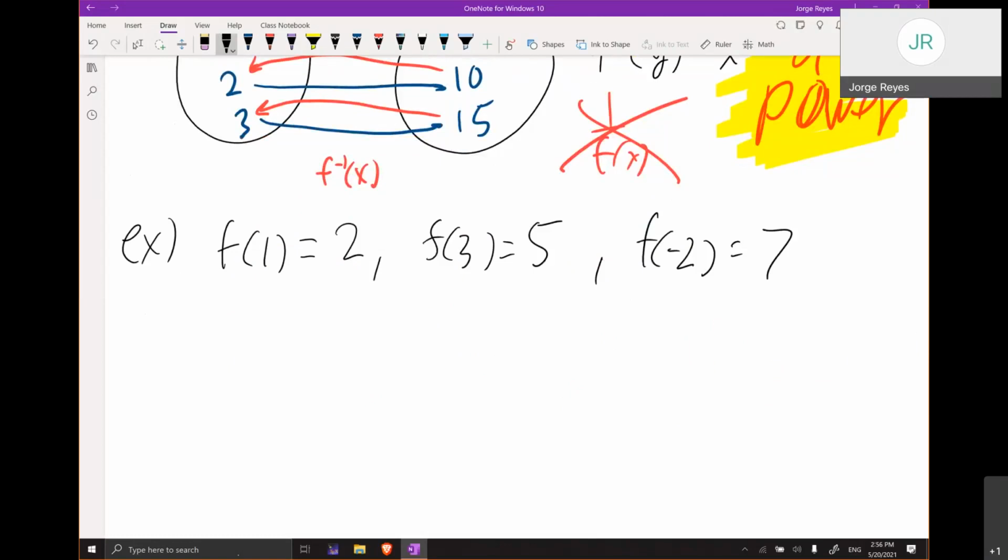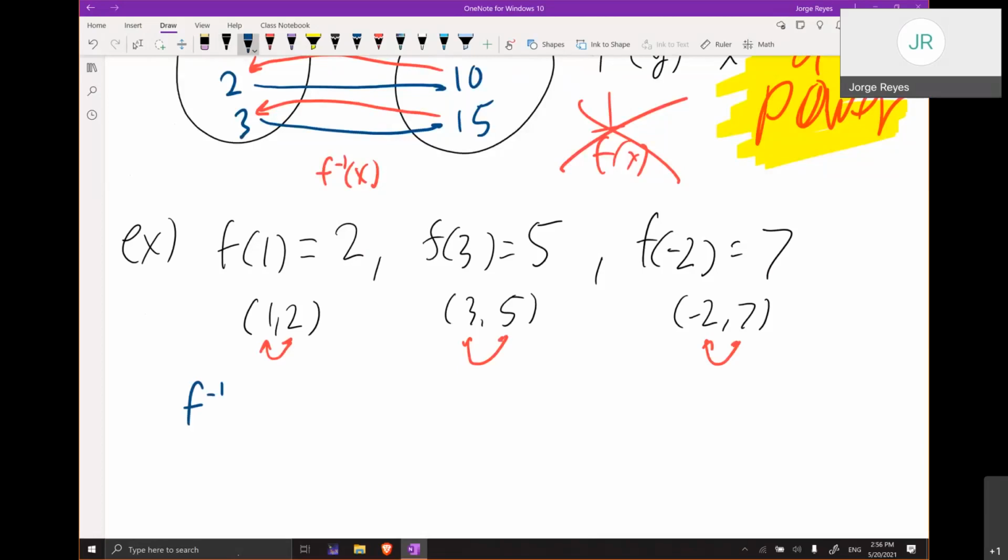So we know that these are like points: 3, 5, and -2, 7. And so to do the inverse function, we could just flip them. So what I mean is, then you can tell me that f inverse of 2 is 1.